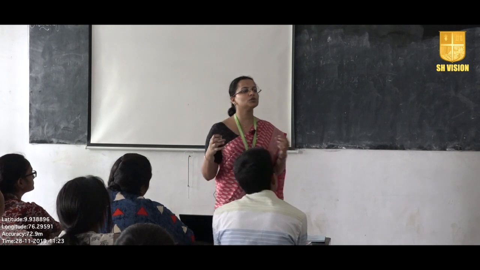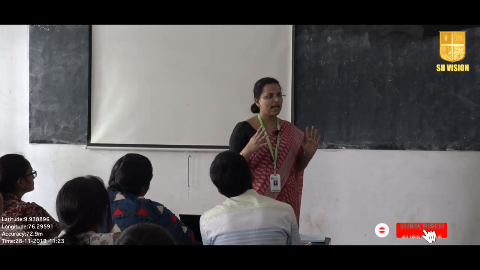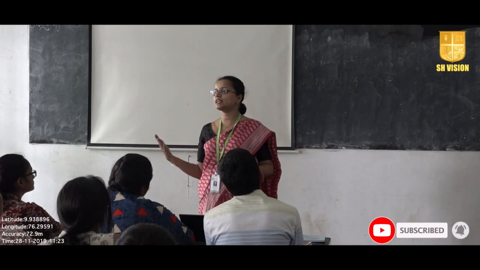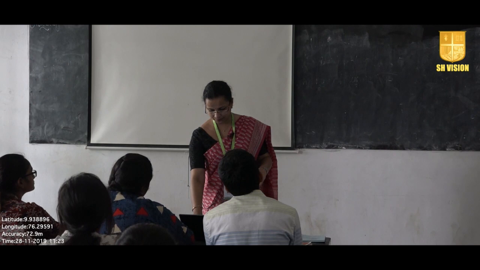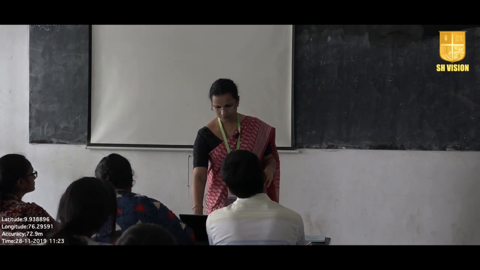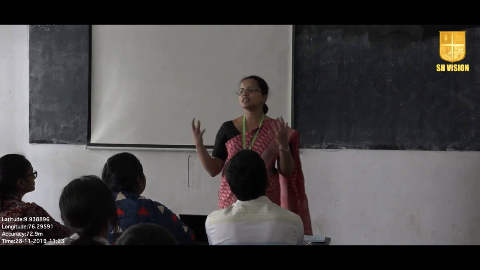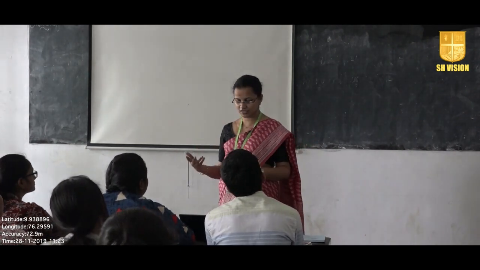So there is distribution of power. So we have both a very strong center as well as all these federal units with powers of their own. So that is how you have a mixture of unitarism and federalism.